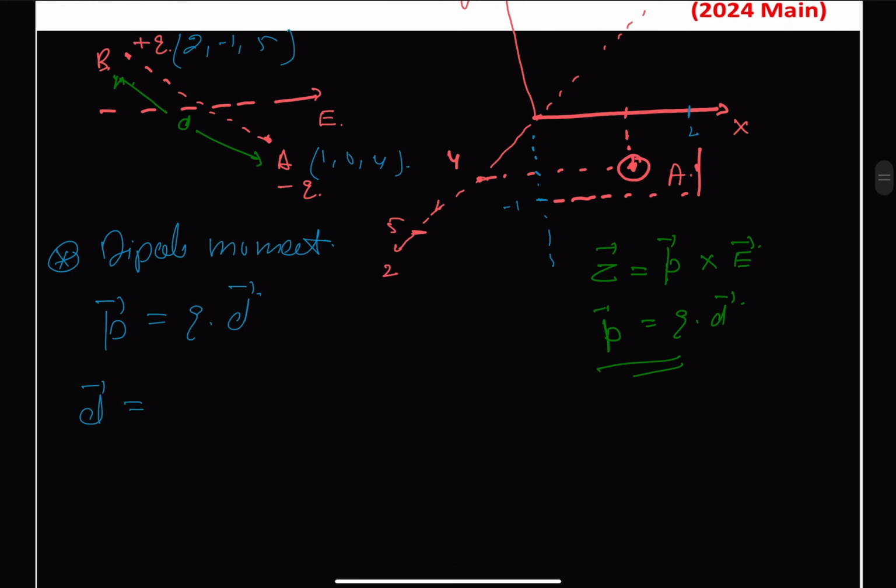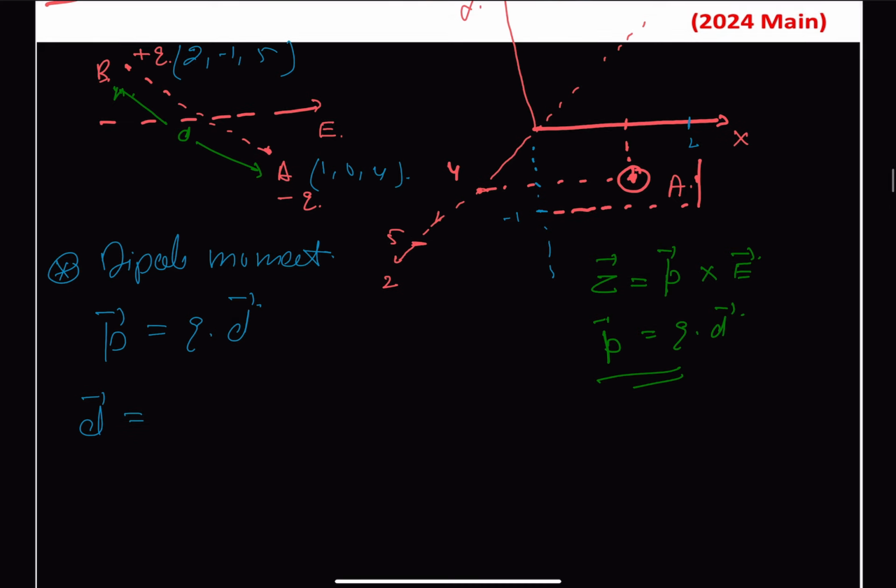Therefore, our displacement vector will be equal to (2 - 1) i unit vector plus (-1 - 0) j unit vector, and finally plus (5 - 4) k unit vector.